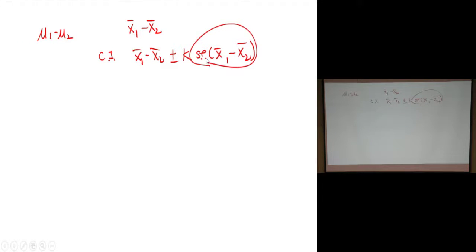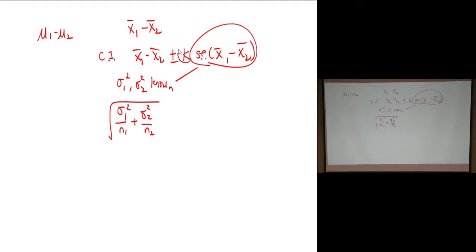So what is this? If sigma 1 square and sigma 2 square, which are the population variances of the first population and the second population, are known, then this is given by sigma 1 square over n1 plus sigma 2 square over n2, take the square root. And then what is this k? So we ask ourselves, what is the distribution of this quantity?